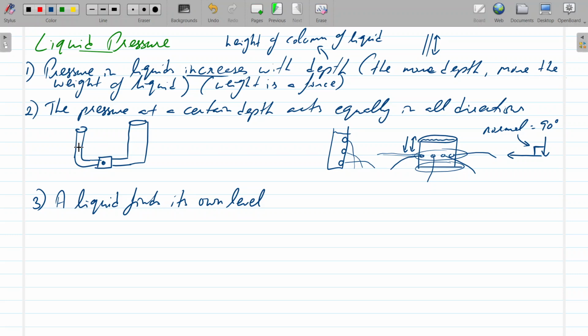As you can see, one arm of the tube is thin, the other arm of the tube is wide. And initially, what you have is water at a higher level in the thin tube and water at a lower level in the wider tube.